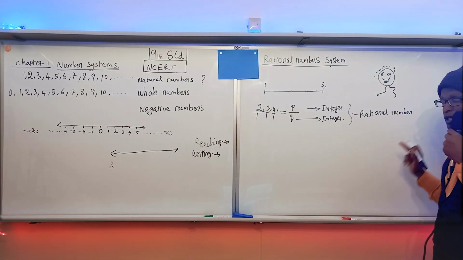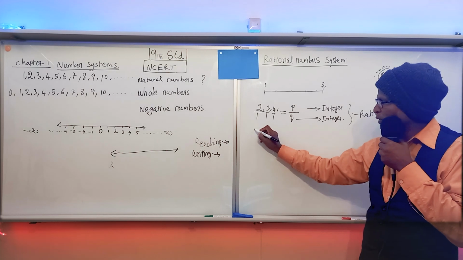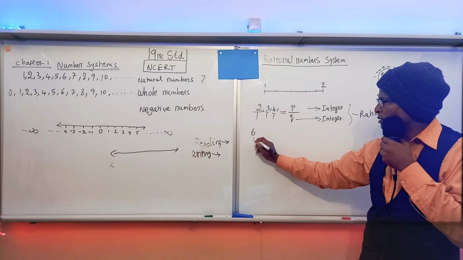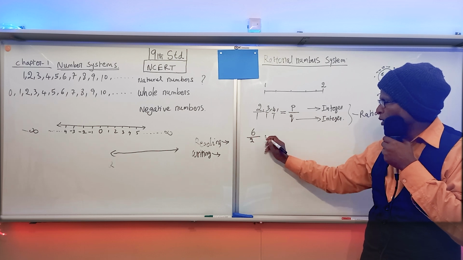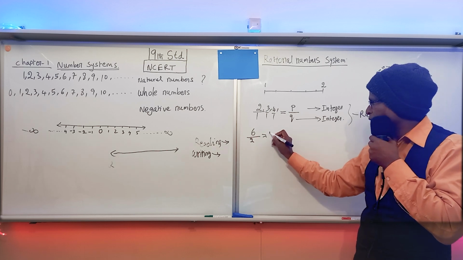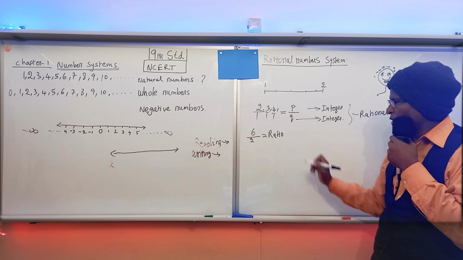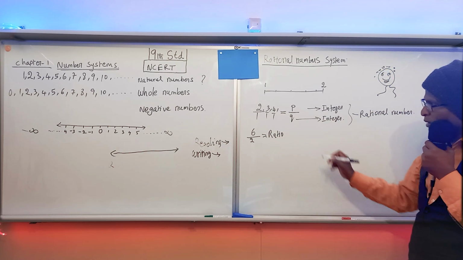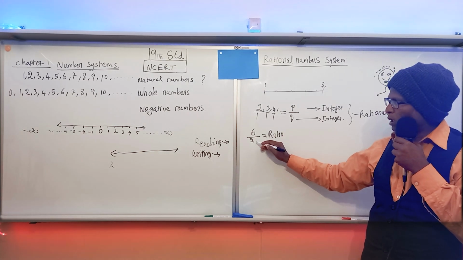And why do they call it a rational number? Because when you take a number, say 6, and divide by 2, it is called a ratio. What it really means is how many 2s are in 6.